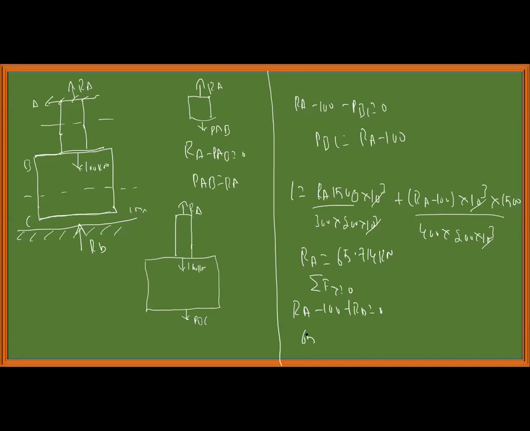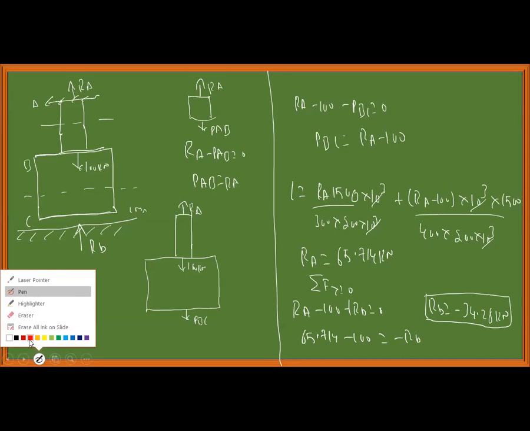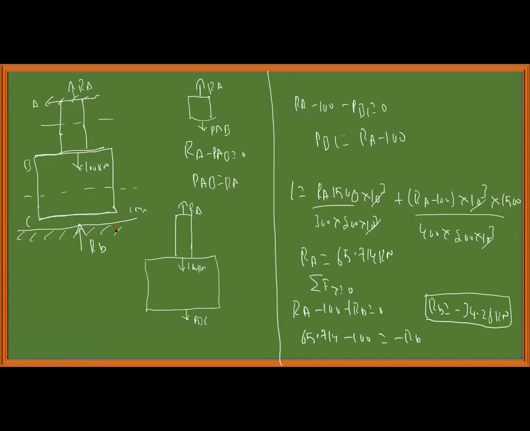RA is 65.714, minus 100 is equal to minus RB. RB is equal to minus 34.28 kilonewton. It means that my RB, what I assumed, is not acting in this direction. It is acting in this direction, 34.28 kilonewton, downward. It is not in the direction we have assumed. It is acting downwards.